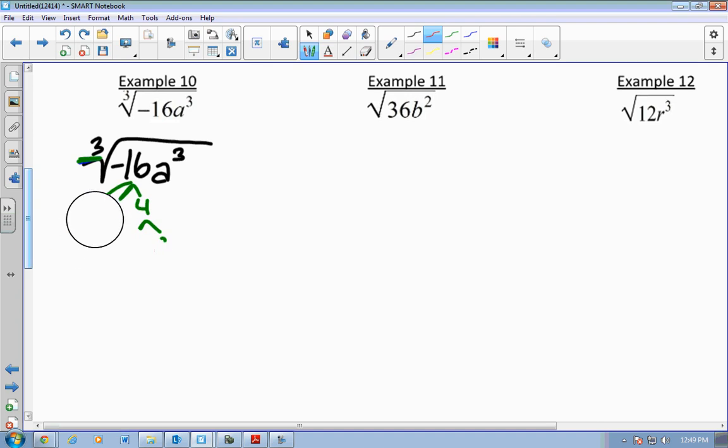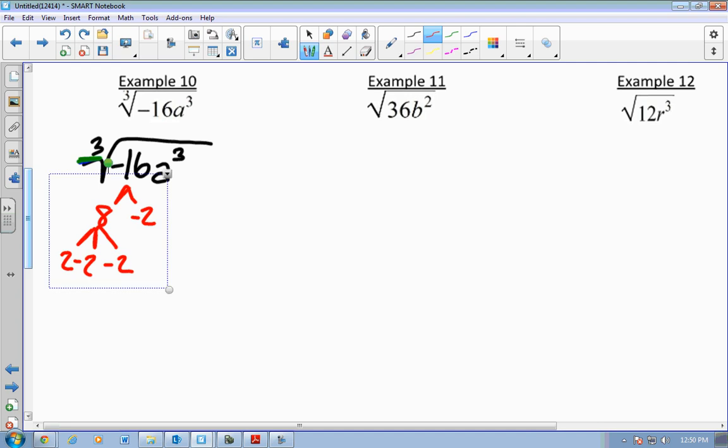I'm going to manipulate a little bit. If I do 8 and 2, oops, one of those has to be negative. Make that one negative. Is it true that this many negatives would also be a negative? 2 times negative 2 is negative 4, times negative 2 is positive 8, times negative 2 is negative 16.